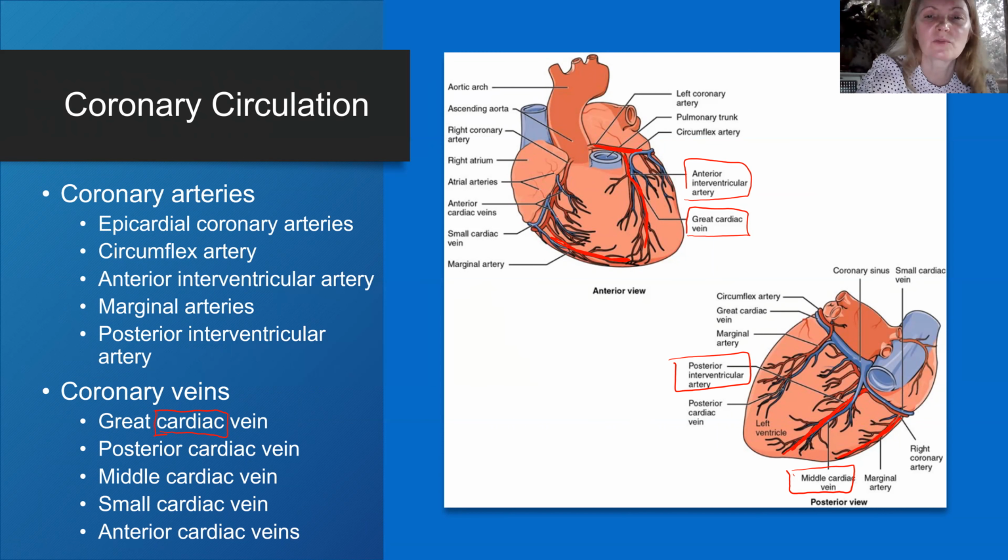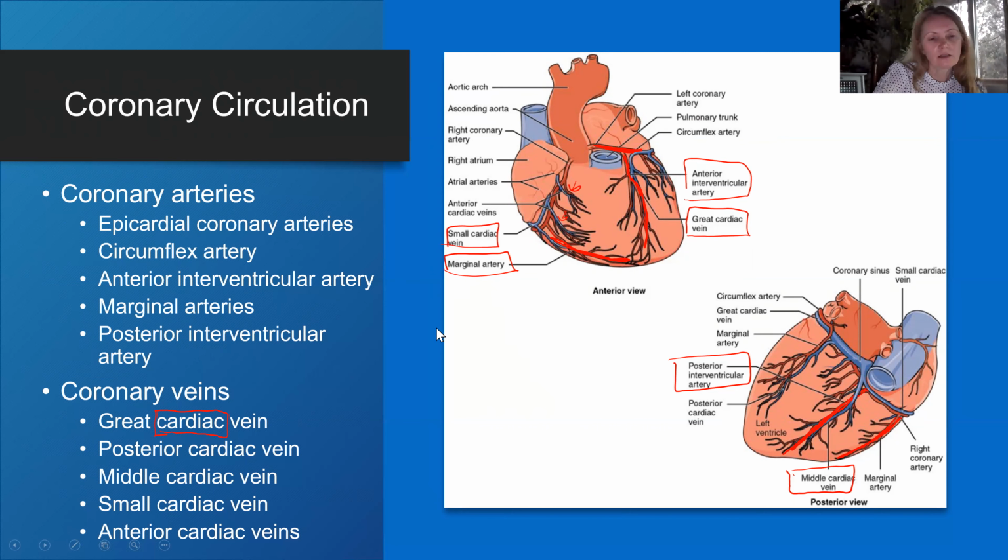Actually, you have a lot of small cardiac veins. They're shown right here. So those anterior cardiac veins are also small, and then the small cardiac vein is where you have your marginal artery. Marginal artery, small cardiac vein, anterior cardiac vein, I think that's it.